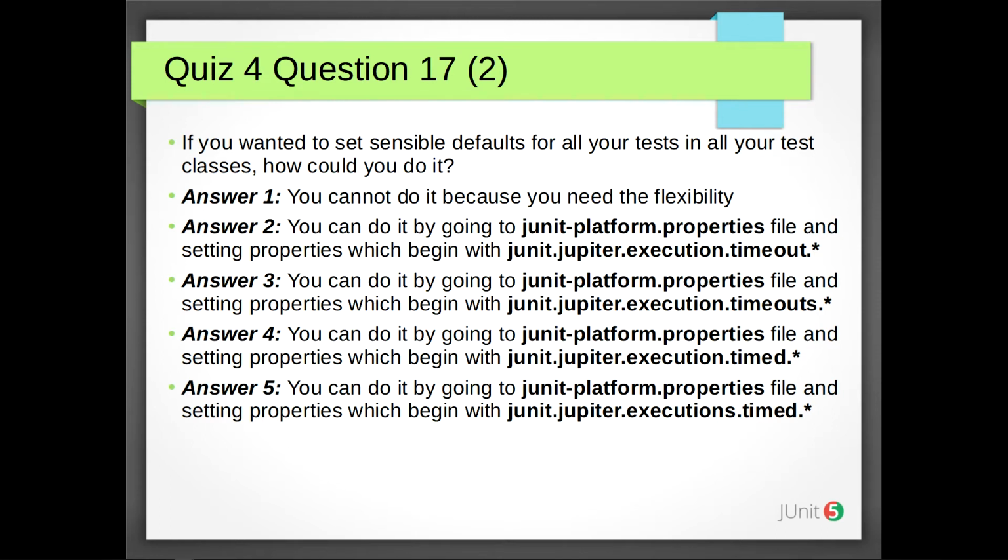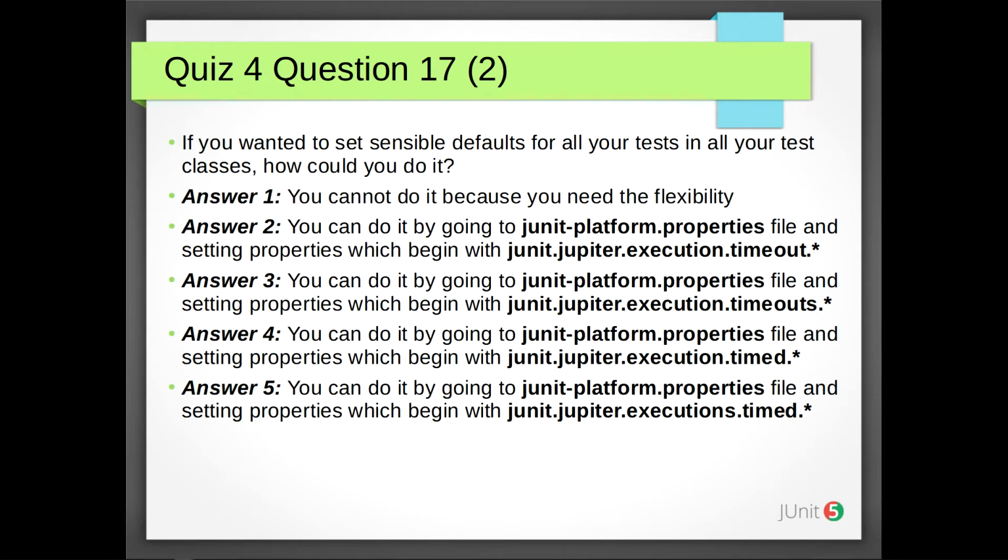Answer 2. You can do it by going to junit-platform.properties file and setting properties which begin with junit.jupiter.execution.timeout.*. Answer 3. You can do it by going to junit-platform.properties file and setting properties which begin with junit.jupiter.execution.timeouts.*.